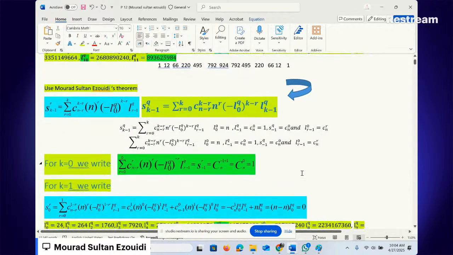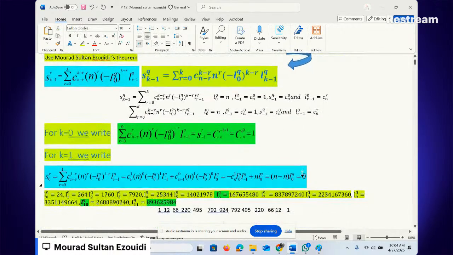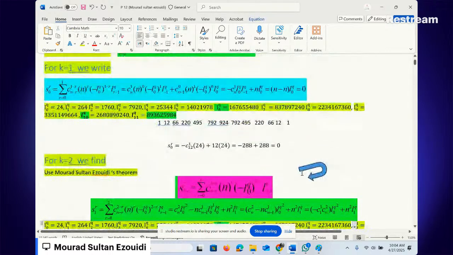So here I will dive again into the structure and put k equal to 1 to get the value of S0. This is the formula. I used the theorem of Murat-Sultan-Ezouidi, and I found that S0 is always equal to 0, simply because S0 is equal to the sum of the roots of my new 12-degree polynomial equation.